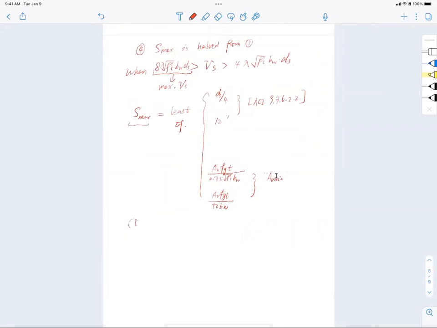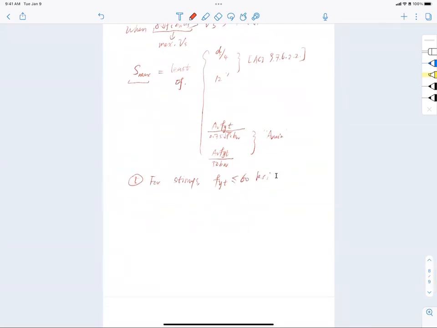So we have another one, right? So for stirrups, the yield strength is less than 60 ksi. What you do, if less than that, you use whatever it is, right?